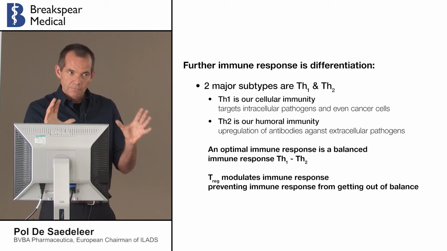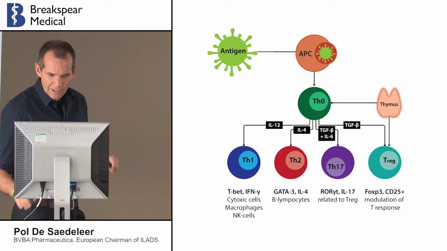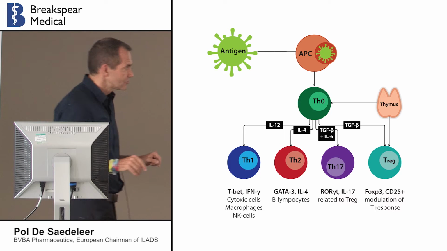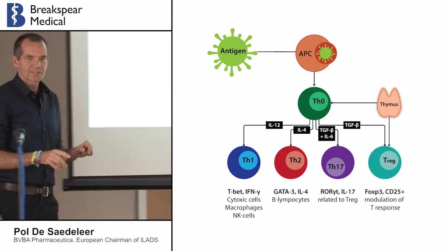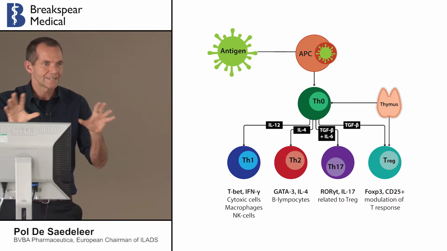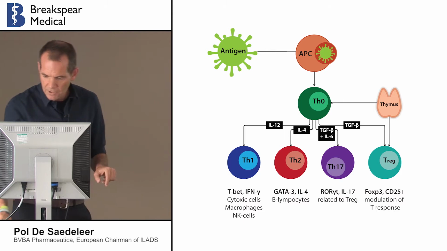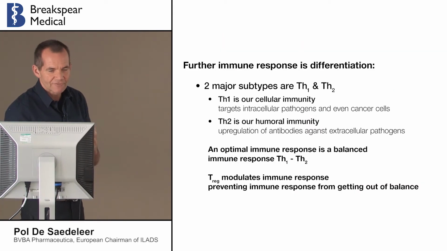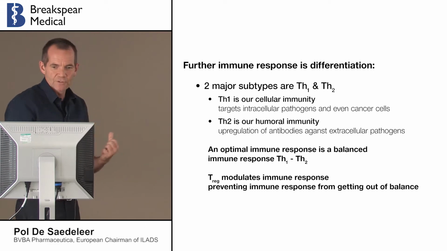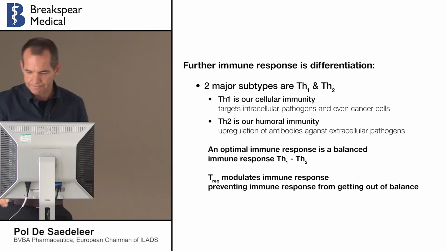And so often we have a good balance between Th1 and Th2. And the regulatory T cells are very important because they keep this in balance, to make sure that we don't have, for example, an autoimmune response or a response completely out of balance.